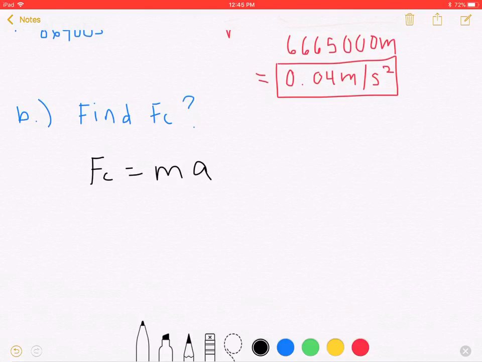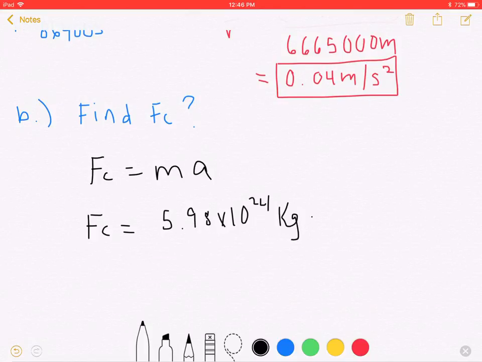We have a, we defined F sub c. So centripetal force is going to be equal to 5.98 times 10 to the 24 kilograms times 0.04 meters per second squared.